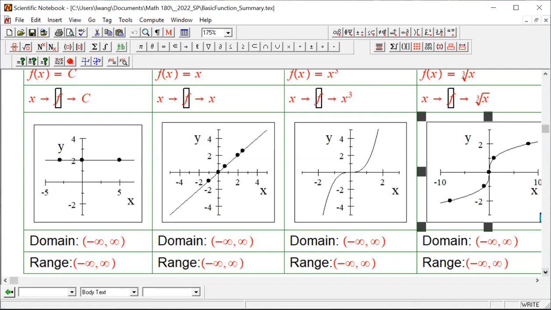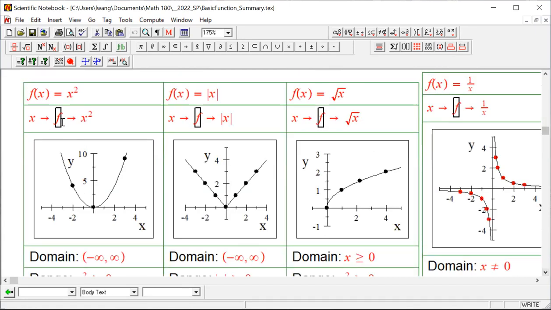And the square function, which is the simplest quadratic function, and the absolute value function, which we have very specific lessons on, absolute value and its properties. Very, very important. We'll come back to it again and again.